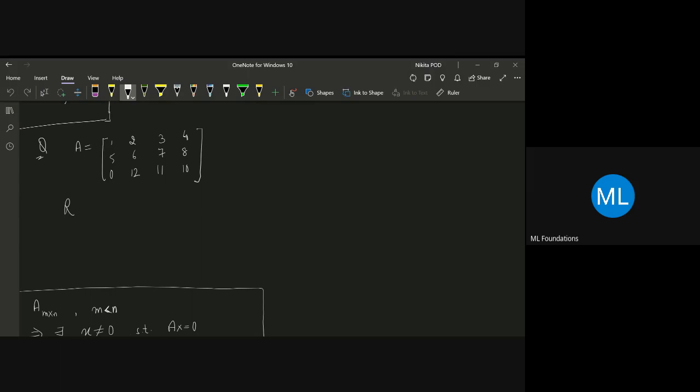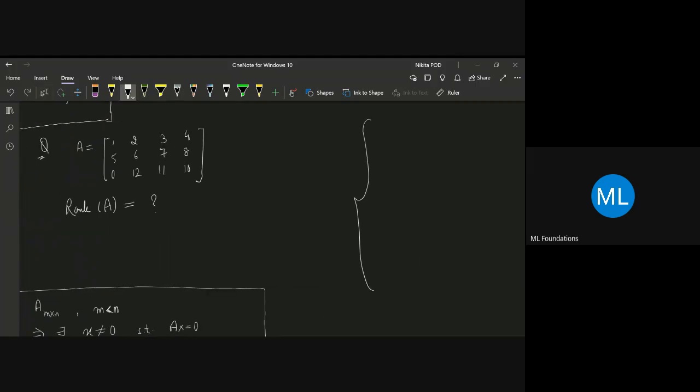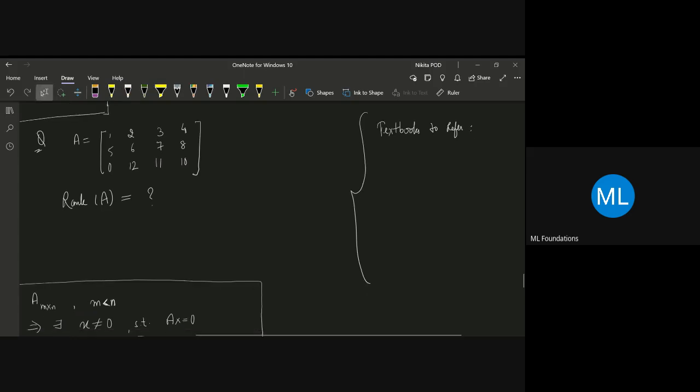What is the rank of this matrix? You can find the rank for this matrix.